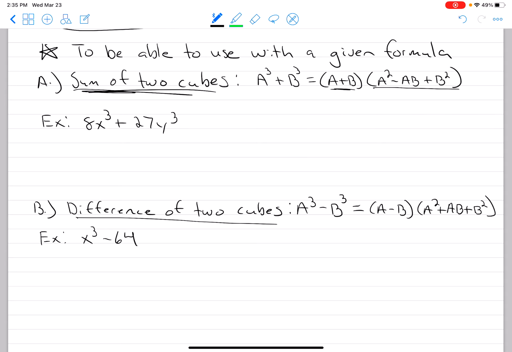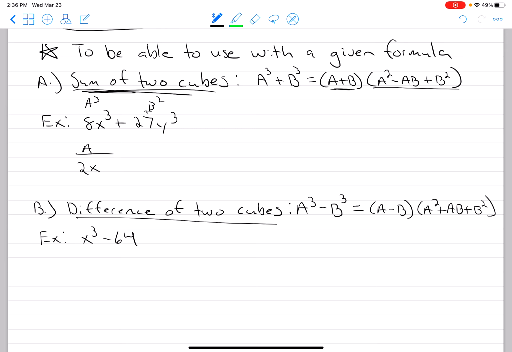We're going to do the same idea. Here's A cubed, here's B cubed. Because I can take a cube root of 8. What number times itself 3 times equals 8? That's 2. What letter times itself 3 times is x cubed? That's x, right? 2x times 2x times 2x is 8x cubed.